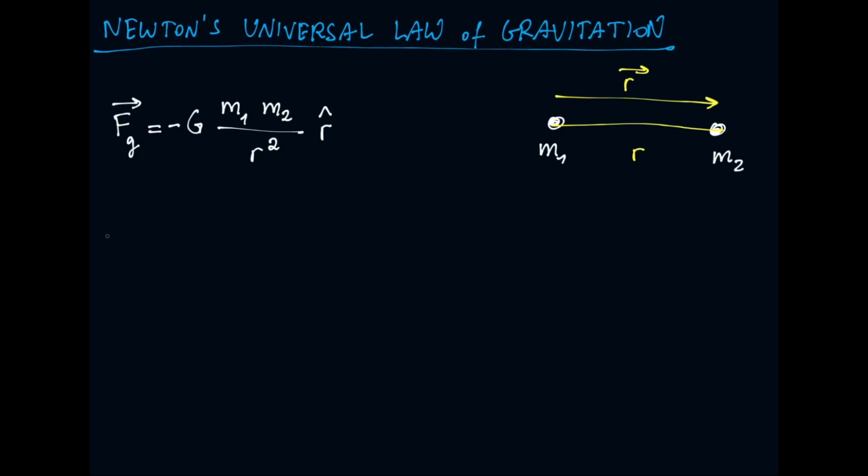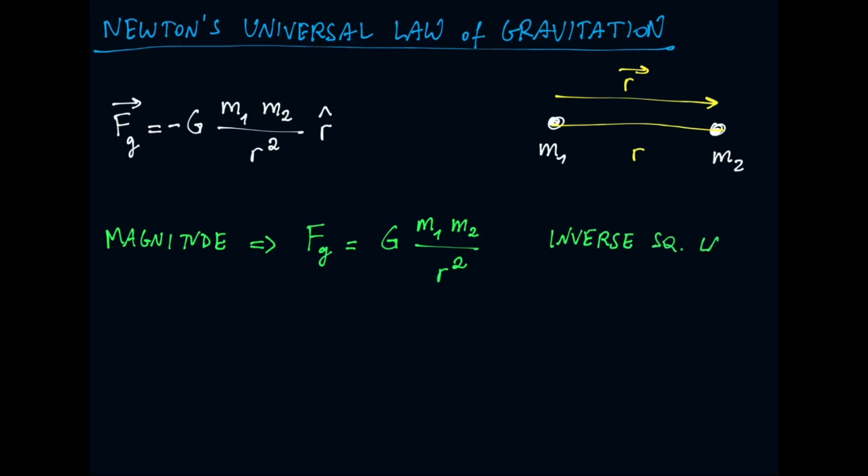Now, first off, magnitude. What is the magnitude of this force? We take the absolute value, so Fg is simply this big G that I'll talk about in a second, the product of the two masses divided by distance squared. So it's the usual inverse square law, same as the Coulomb force for electrostatic interactions, for example.